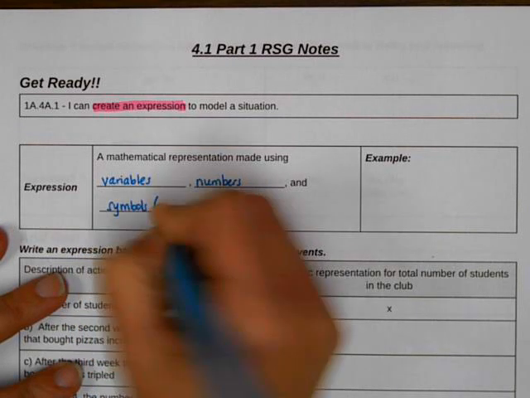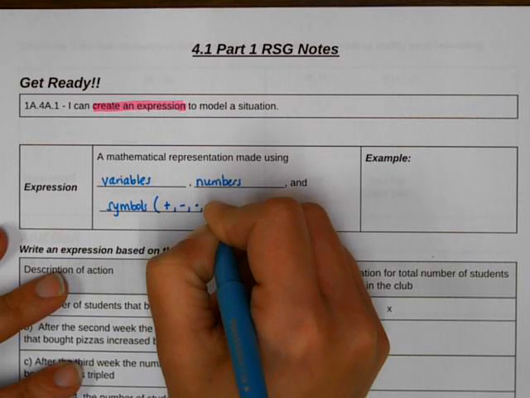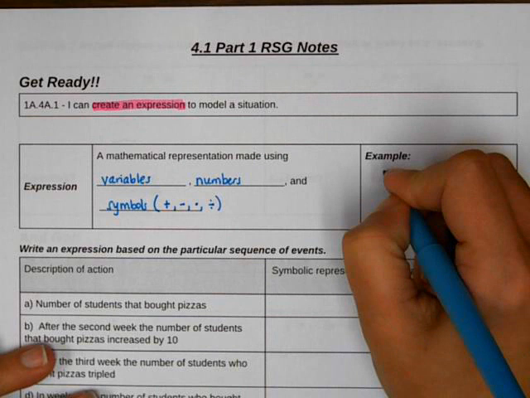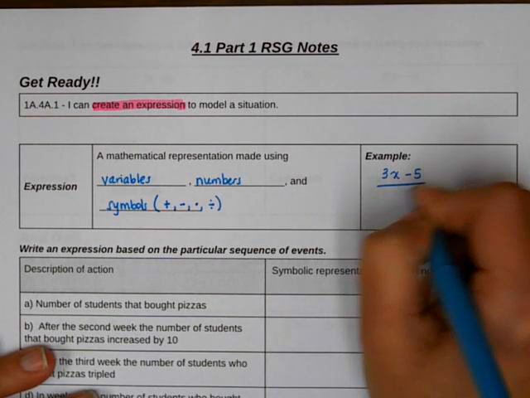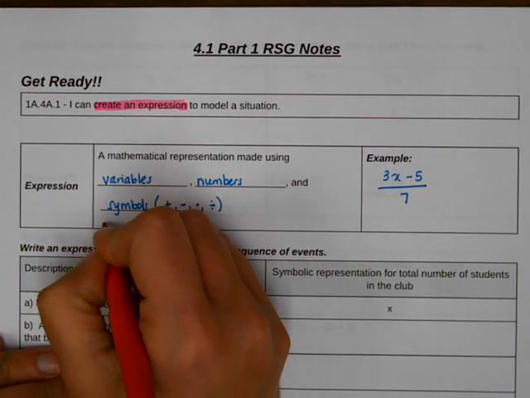And those symbols can include adding, subtracting, multiplying, or dividing. An example of a mathematical expression would be something like this: 3x plus 5 over 7. Now it's very important to note that a mathematical expression does not have an equal sign. So that's an important note here.